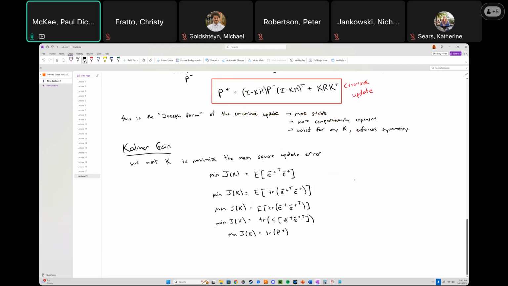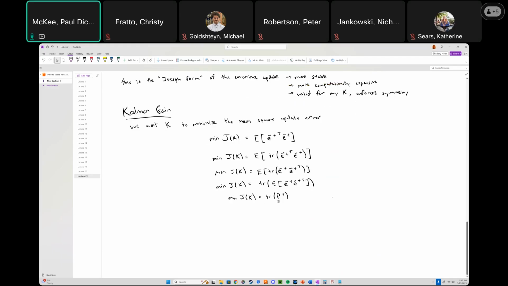Well, because how much we don't trust our state is a function of our error, it's kind of the same thing. Okay? So that's our goal. We want to minimize this thing. Here's the problem. P, specifically P plus, is itself a function of K. So we have some substitution to do.